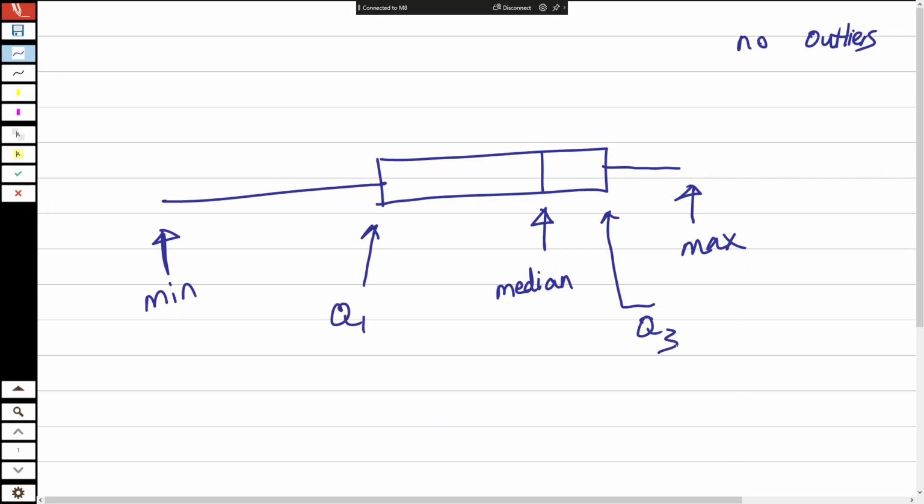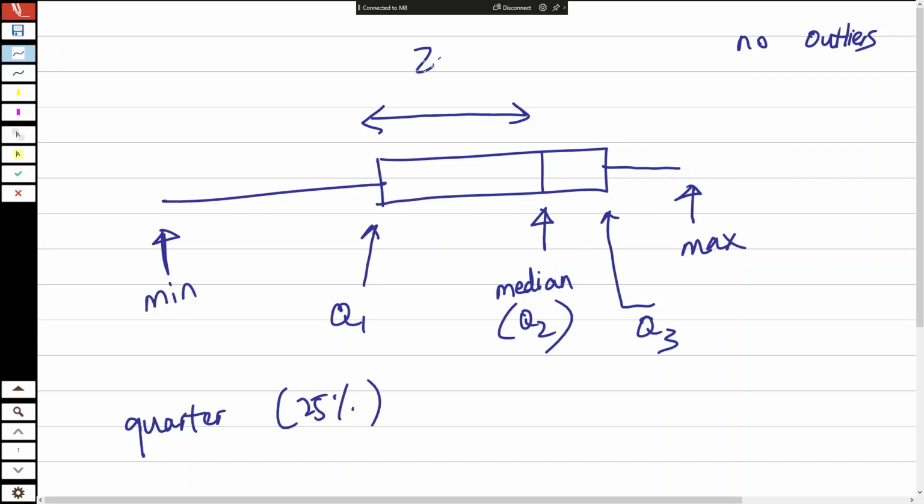Okay, so it's one thing to calculate these numbers or to read them off the graph, but we also want to have an interpretation. So what percentage, approximately, will be between Q1 and the median? The median is also called Q2. What does the word quartile sound like? Quarter? 25%.